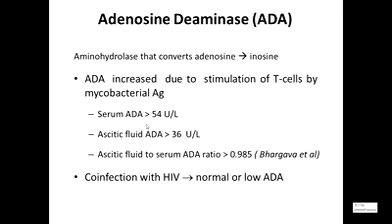ADA is increased due to the stimulation of T cells by the Mycobacterium. Serum ADA more than 54 units per liter, ascitic fluid ADA more than 36 units per liter. In connection with HIV, ADA is normal or low.